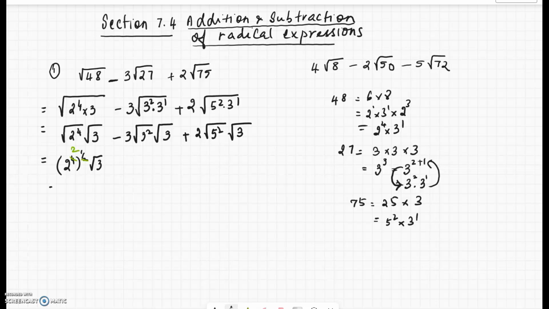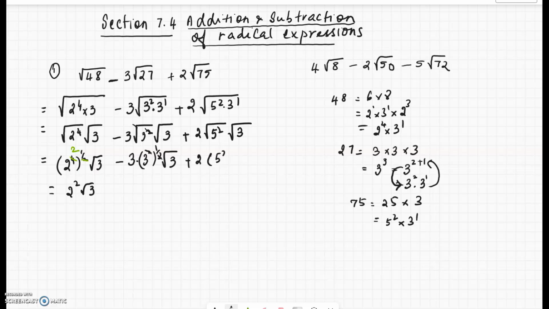Now that's equal to 2 squared radical 3 minus 3 times 3 to the 2 whole to the half. These two cancel each other out, and that's exactly what we're going to do. Radical 3, I'm going to leave it as radical 3 because I know it's not going to simplify any further.